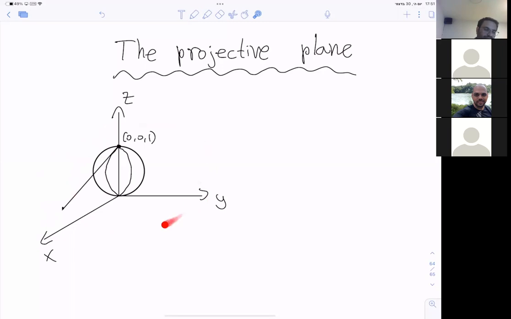But there is one point over this sphere which does not correspond to any element here, which is the pole. If you look at vectors that are parallel to XY, you don't reach any element of XY.